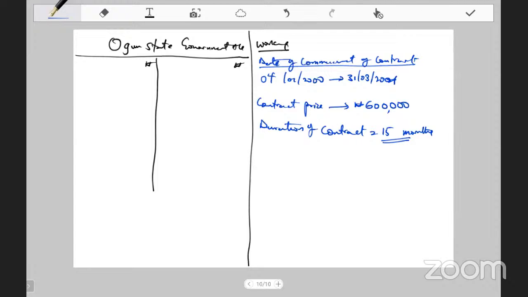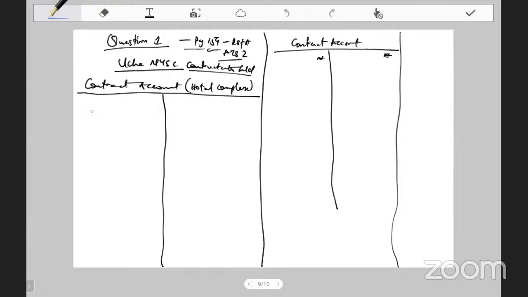So we are now told that these are all the costs that were incurred for 2000. So let me go to all those costs. I'm working in Naira. So what was the first cost that was incurred? Wages. How much? 227,500. What's the next one I have?